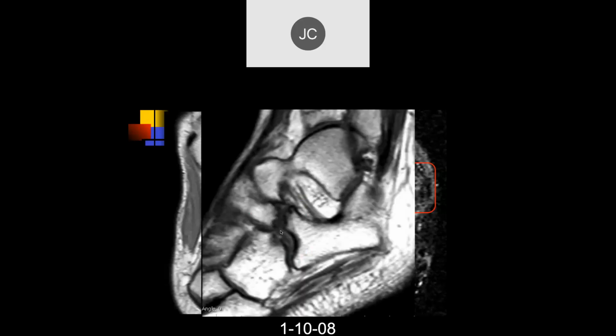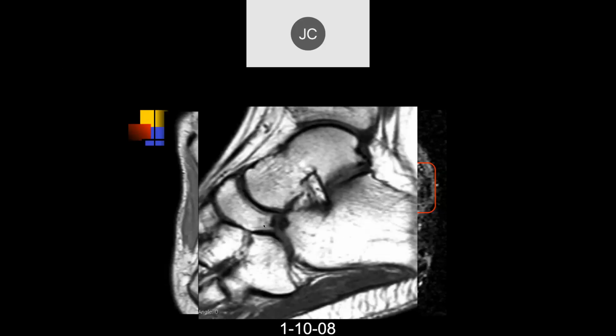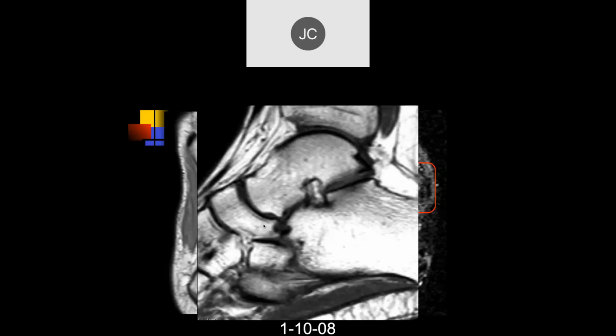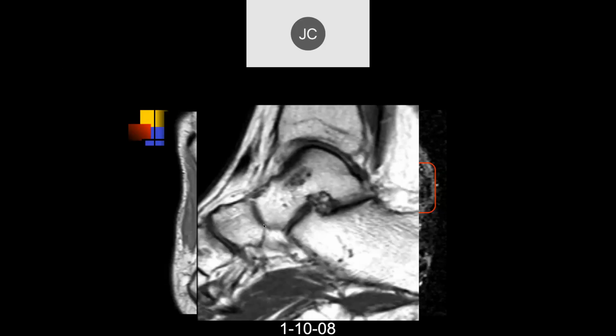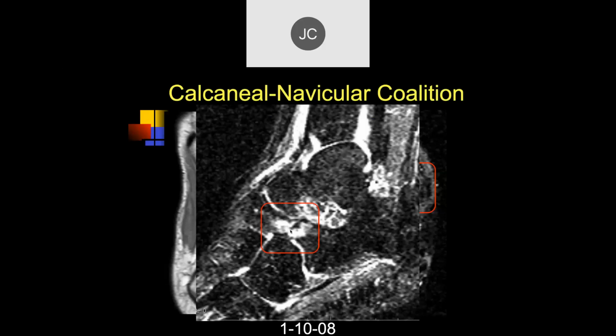Okay, so instead of just the anterior process, you have a broad coalition between the distal calcaneus and the navicular all the way across, which is really unusual. Usually it's just on the lateral side, but this goes all the way across and was very symptomatic. This was a high school volleyball player. We can see the edema on the STIR images in that location.